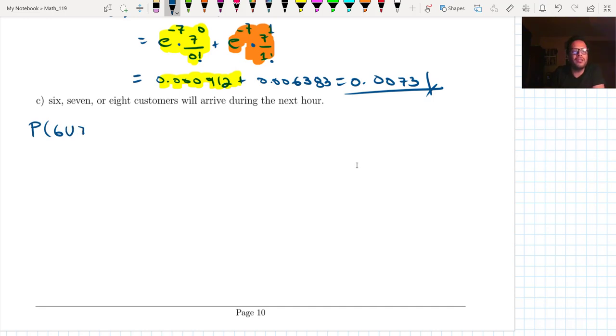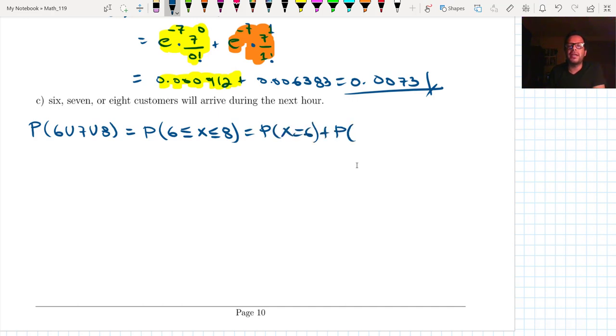Or P of x between 6 and 8 inclusive, which is the notation we have been using. That is the probability for x equals 6 plus the probability of x equals 7 plus the probability of x equals 8. So we're going to use the formula as well.